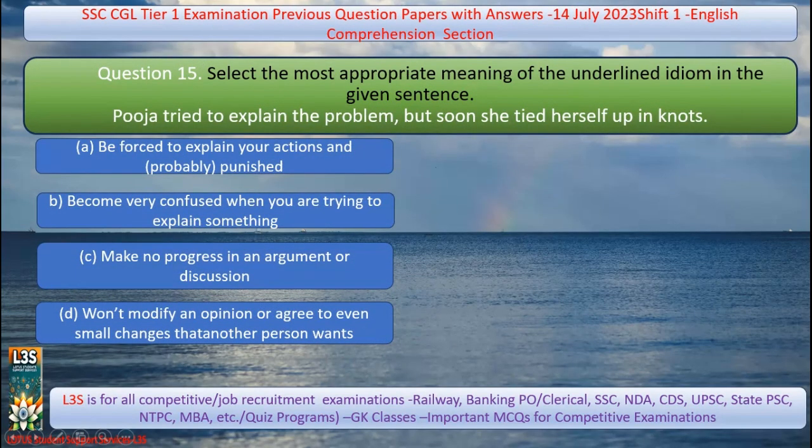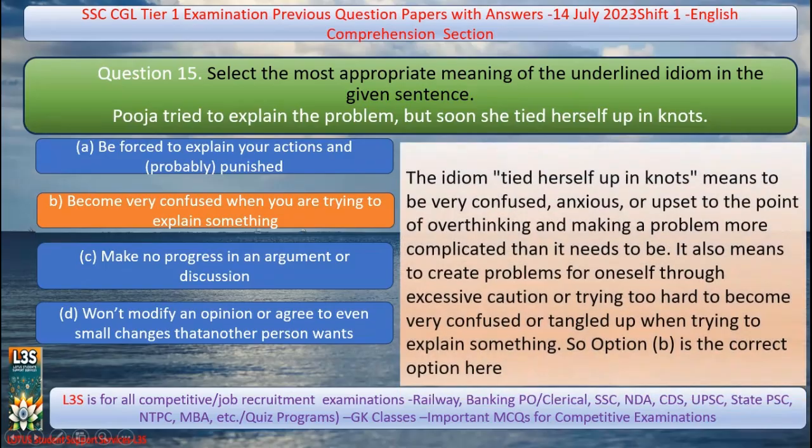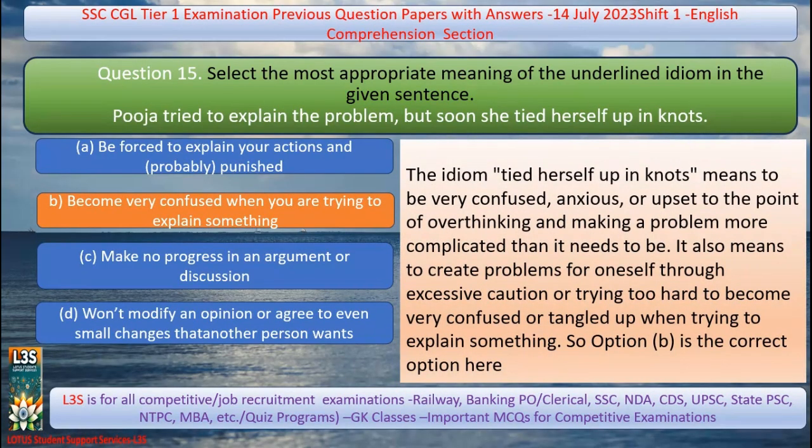Next question, select the most appropriate meaning of the underlined idiom in the given sentence. Pooja tried to explain the problem, but soon she tied herself up in knots. Tied herself up in knots is the underlined idiom here. And the correct option here is become very confused when you are trying to explain something.